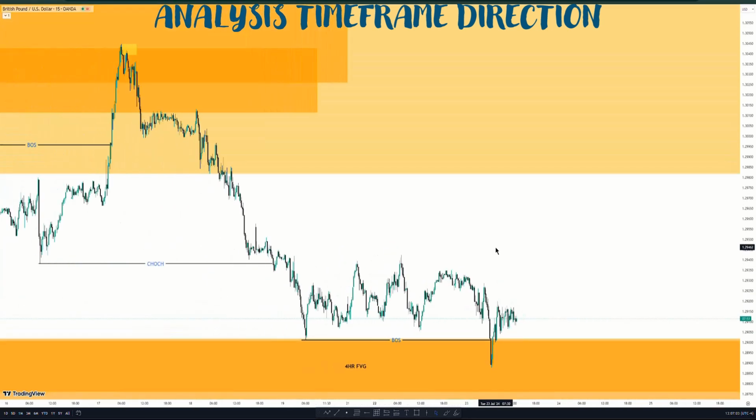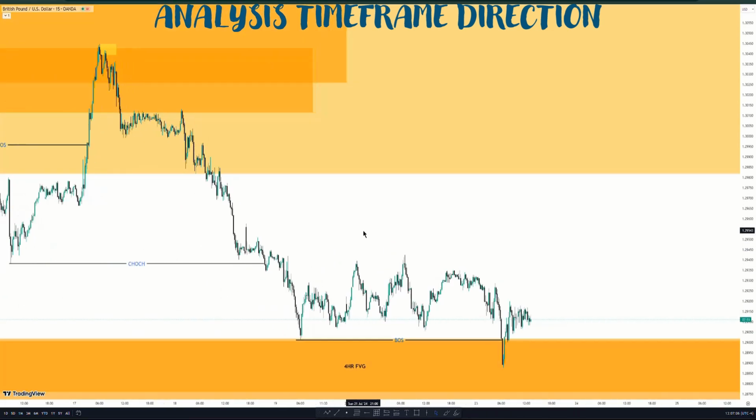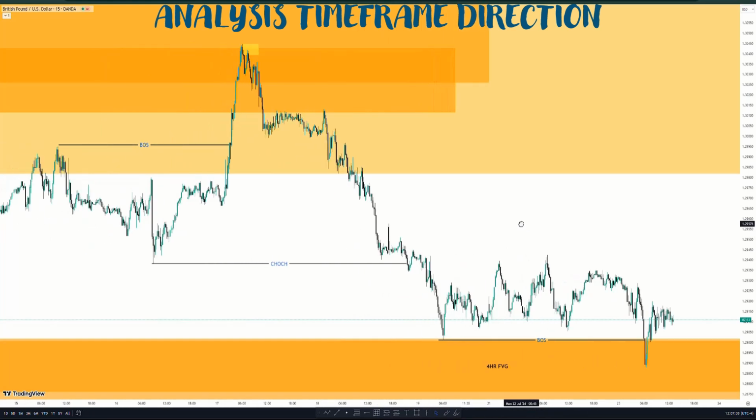So let's try to go to our trade setups now. I want to show you everything, how you are supposed to line up everything so that they make sense.